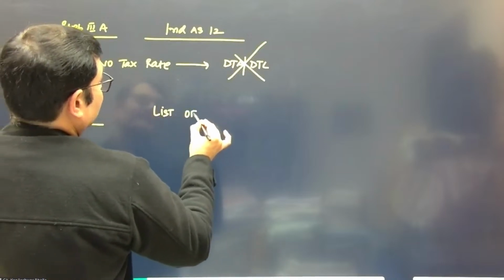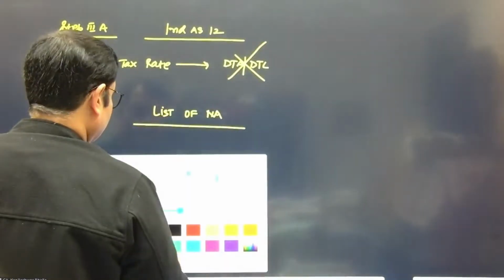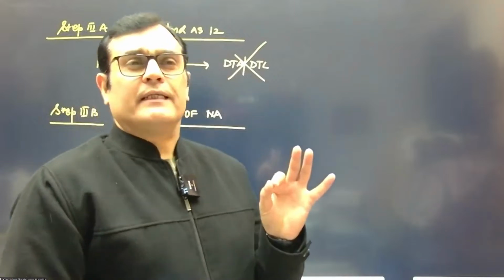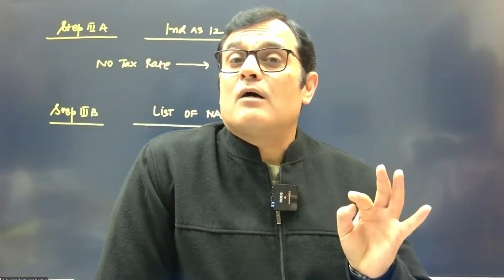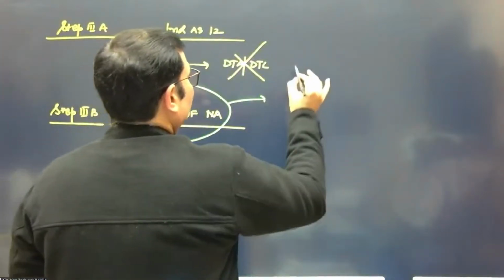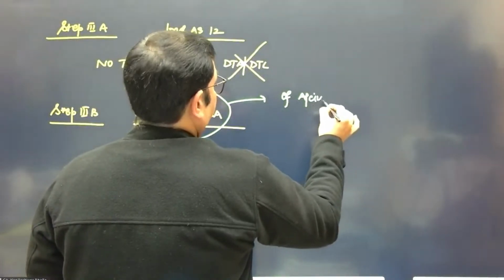Then we go on to step number 3B, and in terms of step 3B, we need to get the list of net assets. And remember now, very important inputs. When you're organizing the list of the net assets, the focus is the net assets of the accounting acquiree. So get this clear that when you're getting this list of net assets, we need the net assets of the accounting acquiree.